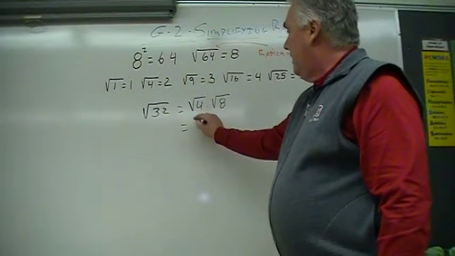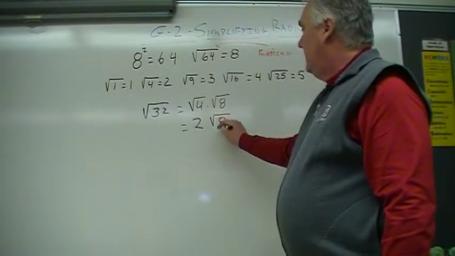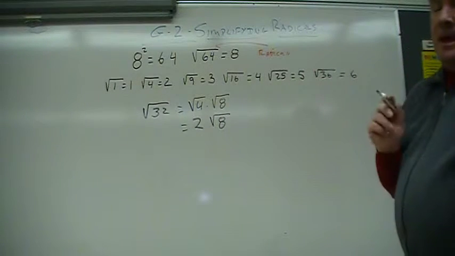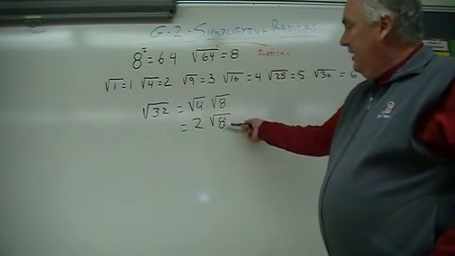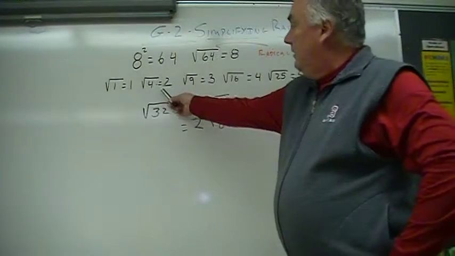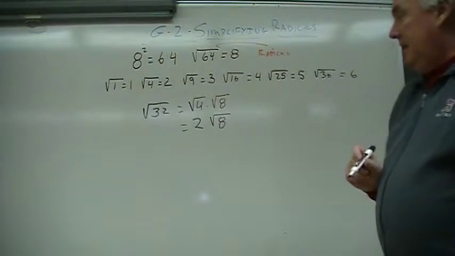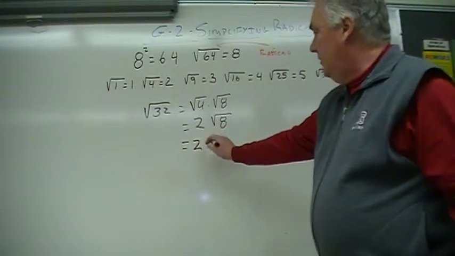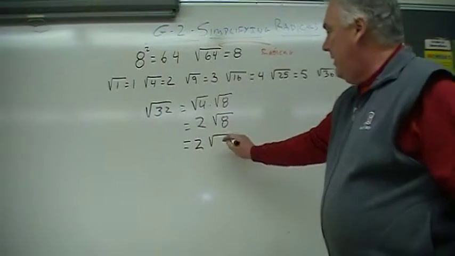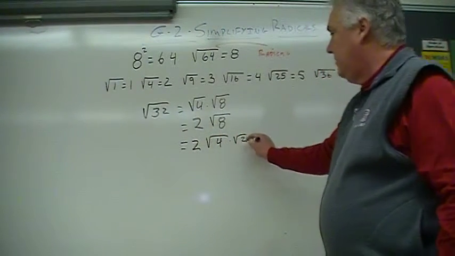Square root of 4 becomes 2 times the square root of 8. Here's the issue though, we're not done. Because this is not simple. 4 still goes into the 8. So we have to keep going. Keep the 2, and the square root of 8 becomes the square root of 4 times the square root of 2.